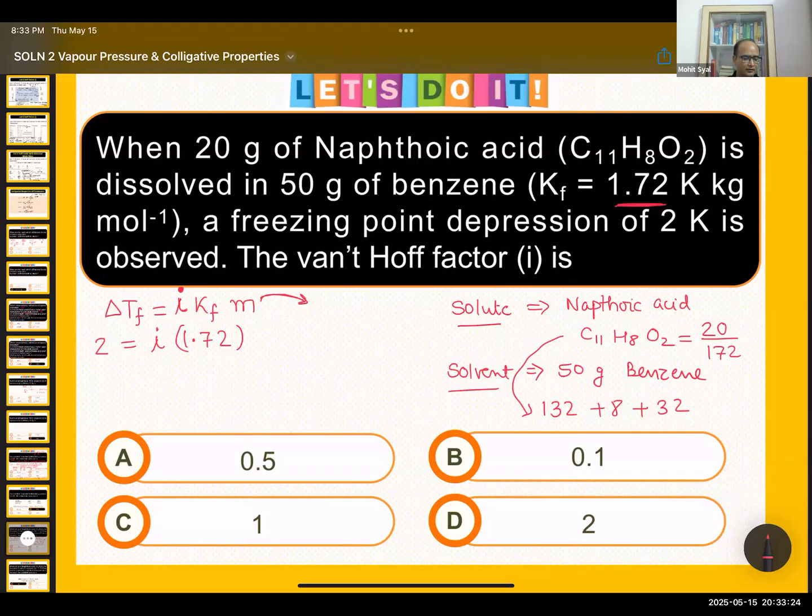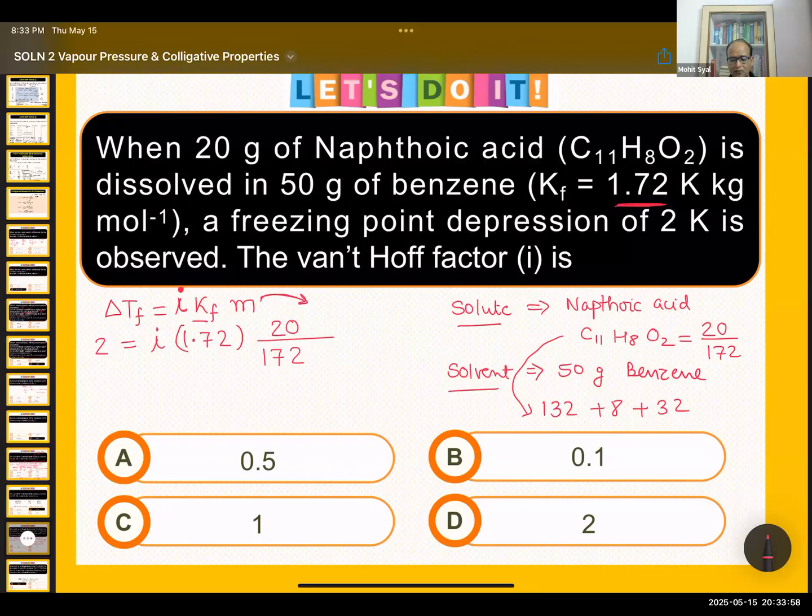Okay, is it clear? So how many moles we took? You can leave it as it is also because this is getting cancelled. Moles you took: 20, given mass by molar mass 172. Why have I not calculated it?